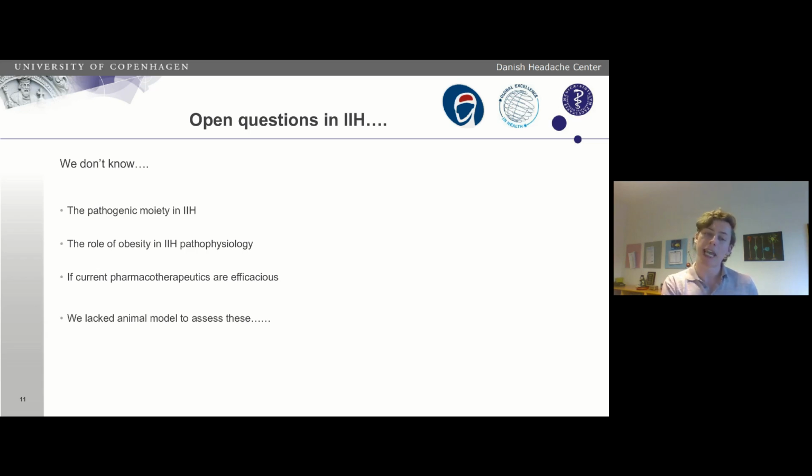We know that rapid weight gain can cause disease onset, but we don't actually know what the role of obesity is in IH pathophysiology. We even don't know if the current pharmacotherapeutics is efficacious in IH. A recent Cochrane review suggested that there is no good evidence to actually use any drugs for treatment of IH. And up until recently, we have lacked an animal model to assess any of these.